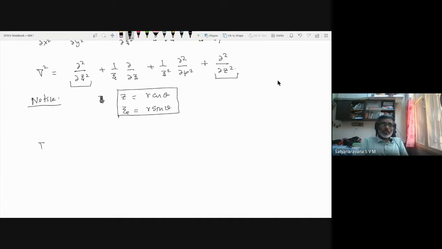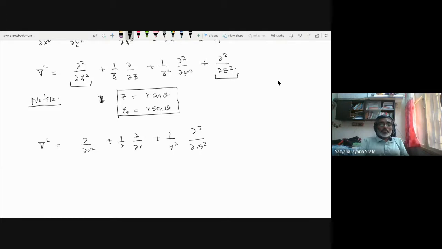That is, our del square is equal to dou square by dou r square plus 1 by r into dou by dou r plus 1 by r square into dou square by dou theta square. That is with respect to these two.